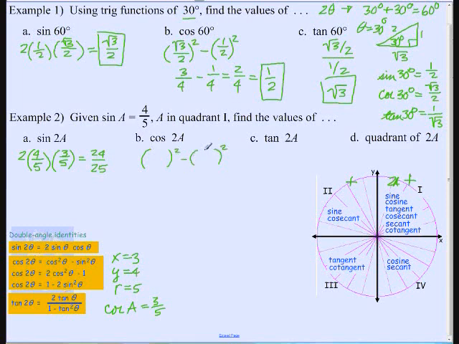The sine of the single angle is 4/5. The cosine of the single angle is 3/5, so I get 9 over 25 minus 16 over 25, which gives me a negative, right? The larger one is negative, so negative, what is it?